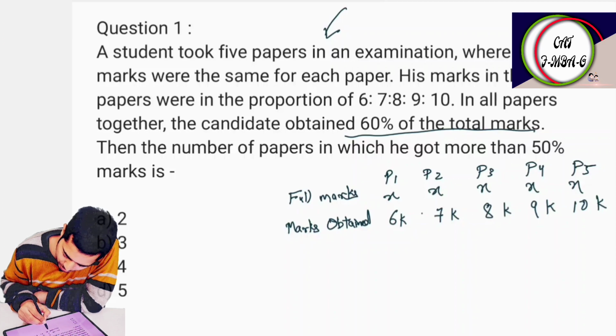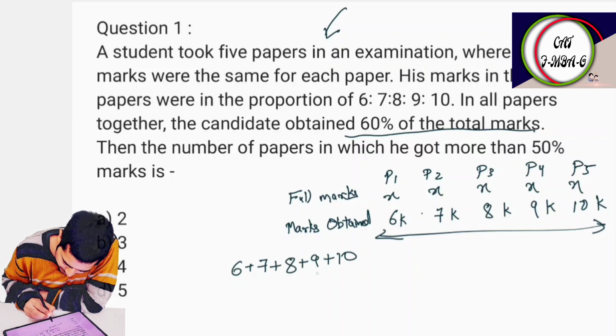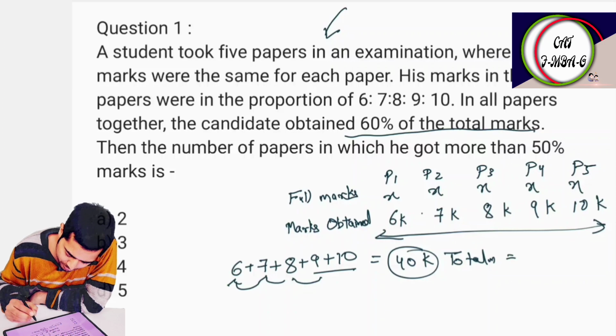In all the papers together, the total marks obtained were 6 plus 7 plus 8 plus 9 plus 10: 19, 19 plus 8 is 27, then 34, then plus 6 is 40, which is 40k.